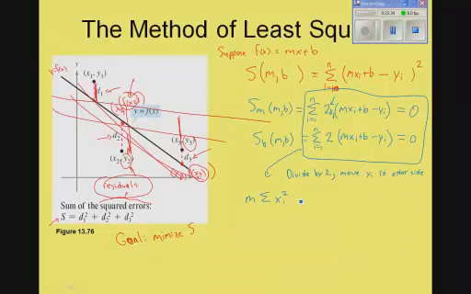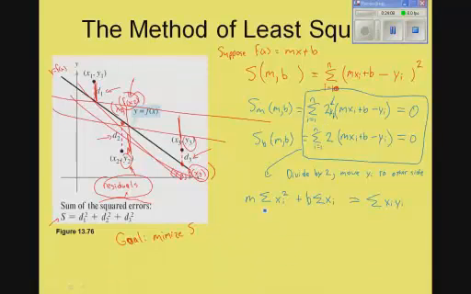Plus b times the sum of the xi's, because again, that xi got distributed. And then equals, can you tell me what it's going to equal? Almost. Sum of the xi yi, because I had to distribute that little xi that I got from the chain rule.